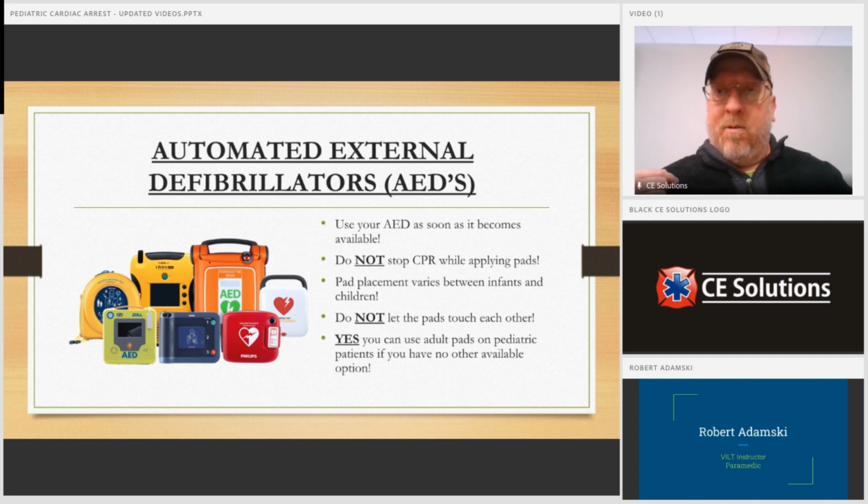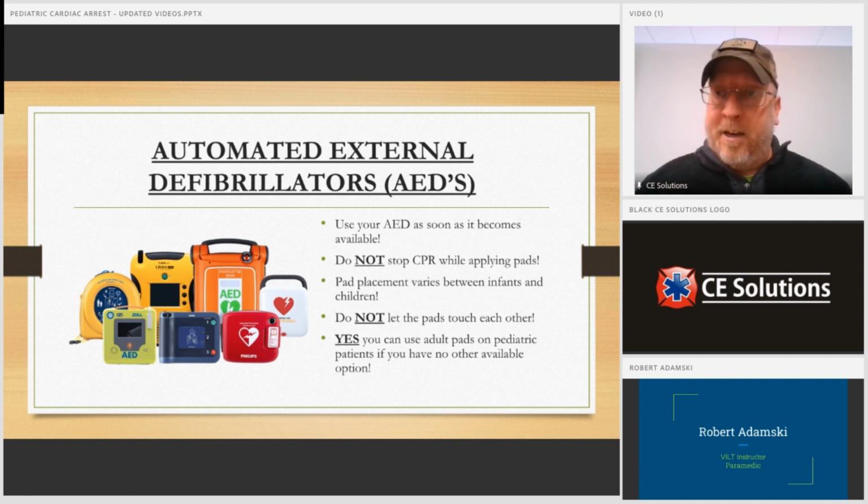And that's typically what we do for children. For infants, you can also do that, upper right, lower left. Realize though, because infants are small, even if you're using AED pads that are designed for infants, they may be too large and they may touch each other if you use the traditional placement method, upper right, lower left.